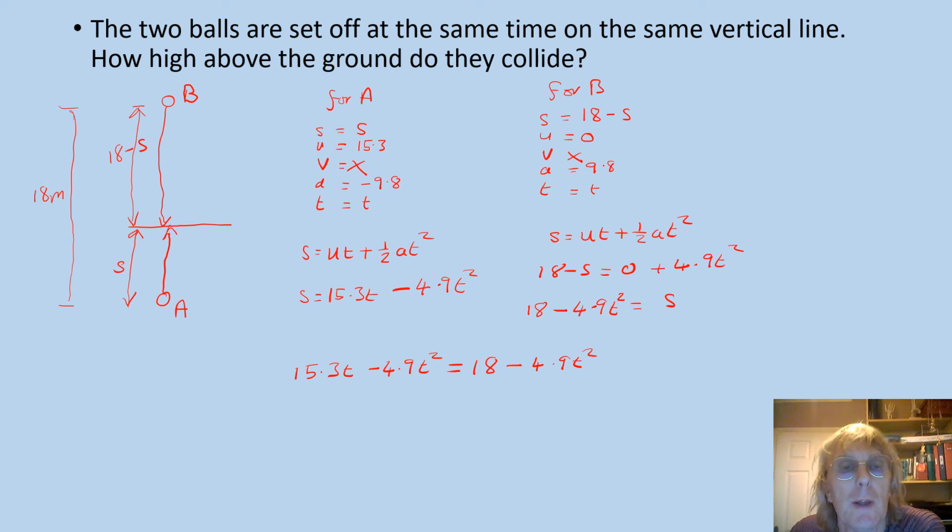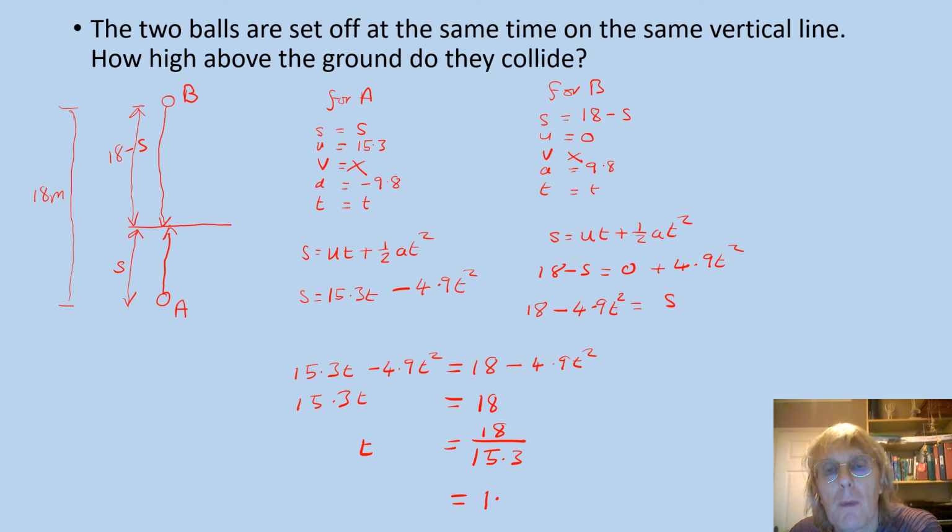So I'm left with 15.3T equals 18. So T is going to equal 18 over 15.3. So in this case, T is going to equal 1.18. So they will collide after 1.18 seconds.